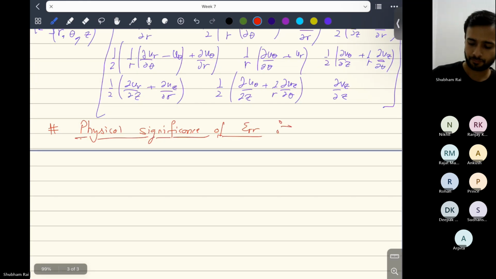You can say that it is called longitudinal strain or radial strain.